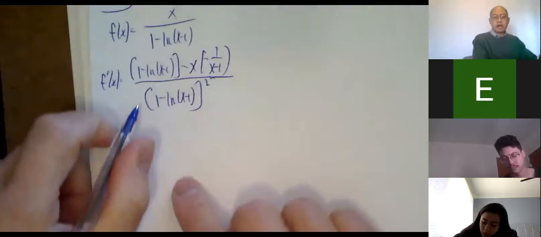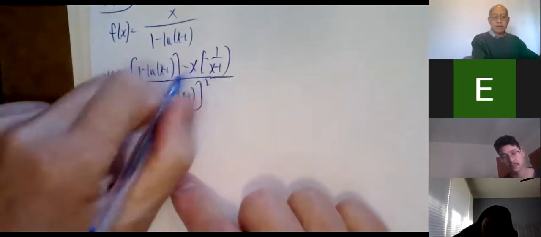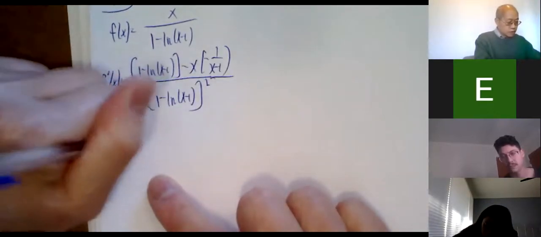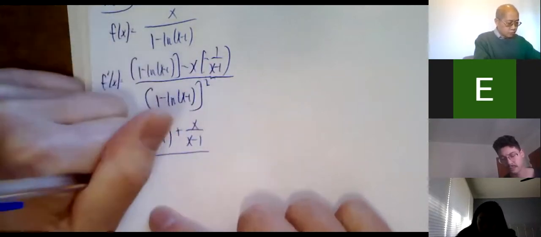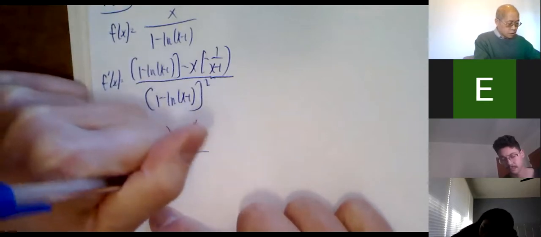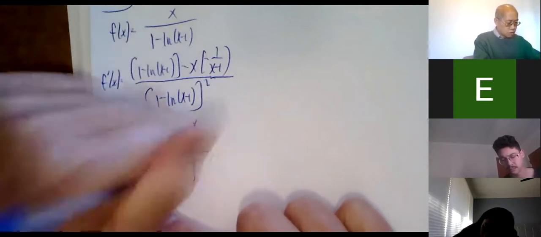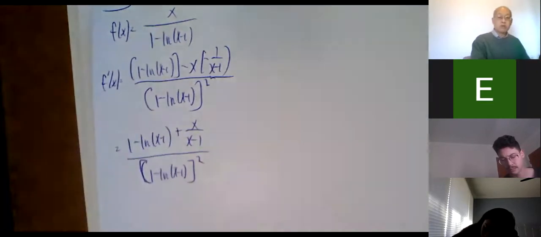That's essentially it. I wouldn't have you do much more with that. Maybe get rid of the double negative. So 1 minus ln x minus 1 plus x over x minus 1 all over 1 minus ln x minus 1 quantity squared.